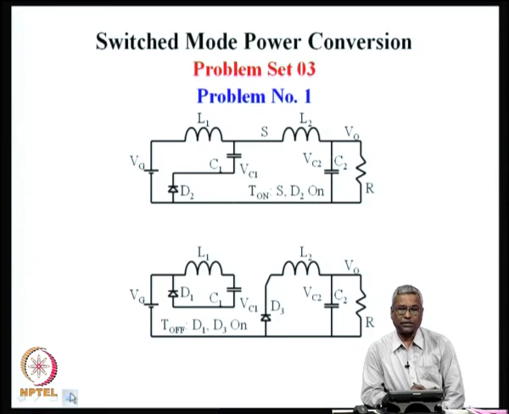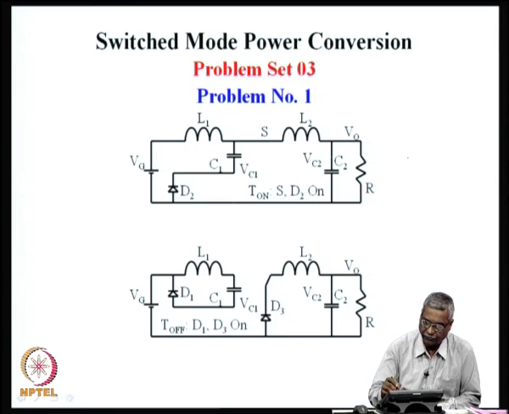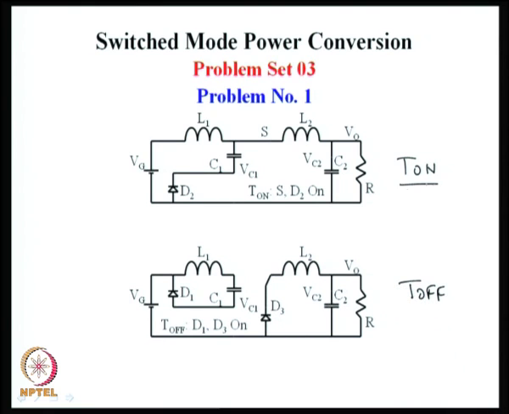So, we can see that this circuit operates in two different sub cycles. We will call these T on and T off. In every cycle, there is one interval known as T on and one interval known as T off, and the total cycle T on plus T off is equal to Ts, which is one cycle time, and this ratio of T on by Ts is normally defined as the duty ratio of the converter, D. So, during the on time, D2 is on and S is on.